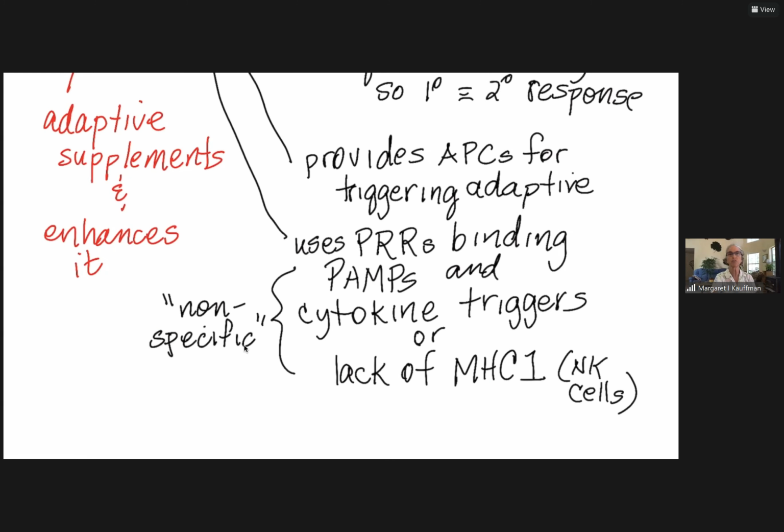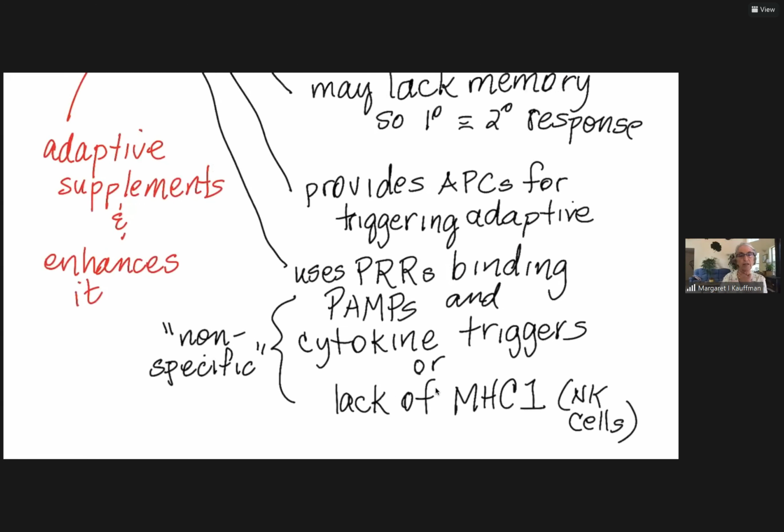Now, in the case when they're having to kill an abnormal body cell, they use a different mechanism, which is done by the natural killer cells, like Dina mentioned. And then finally over here, I say the adaptive supplements it, meaning adds members to it, and then enhances it, can make them more active, give them some energizing juice.